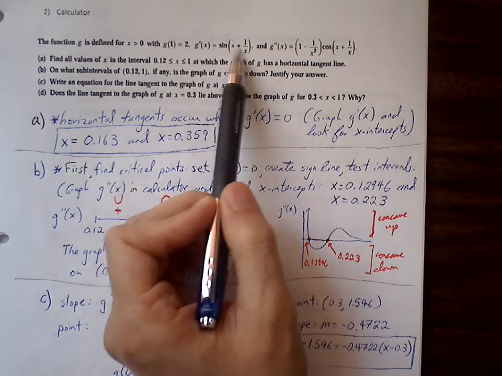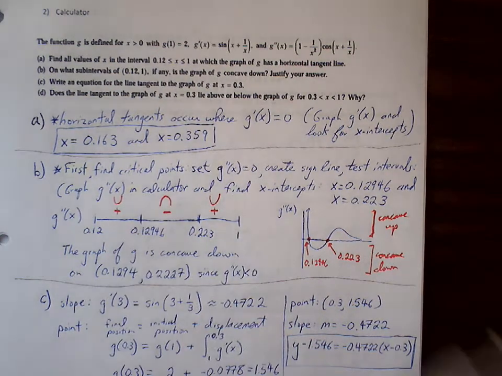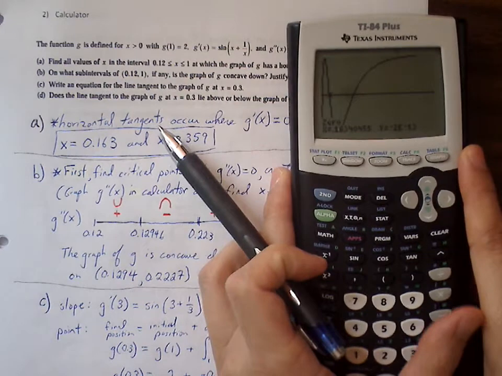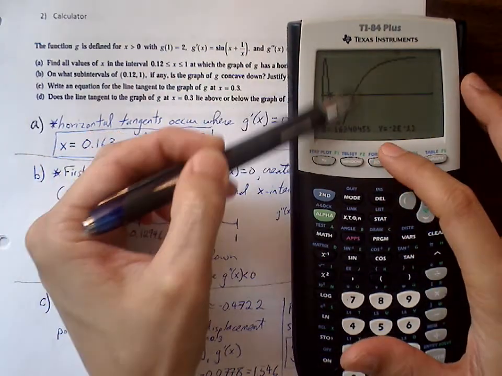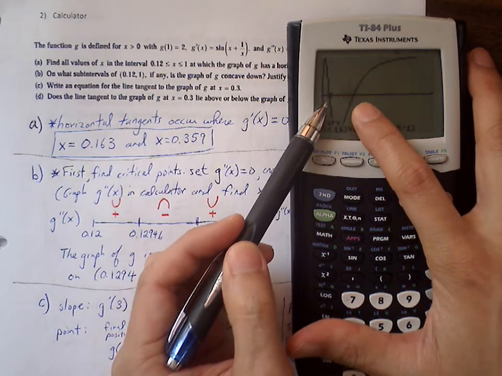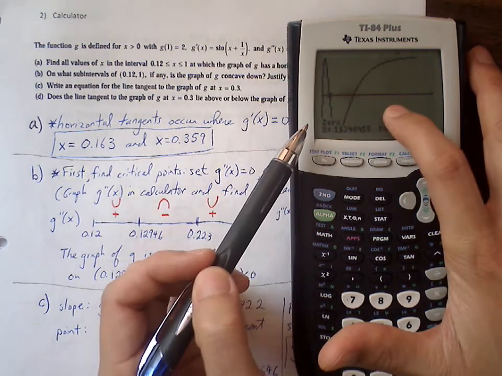So we can graph this function. We can set between 0.1, 2, and 1. And when we do that, we may have to adjust the y-axis a little bit just so that we can zoom in on the points that we're concerned about. So we're concerned about this point and this point.